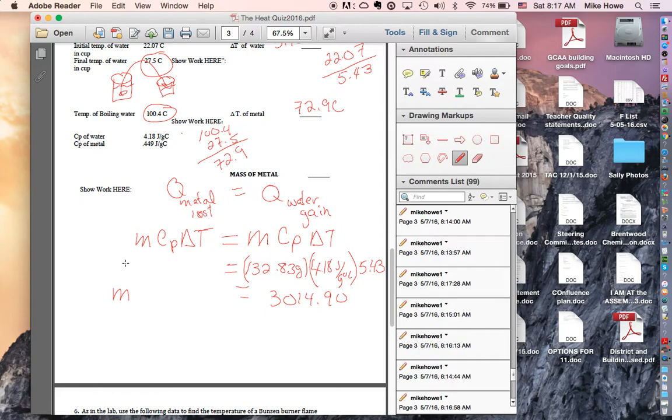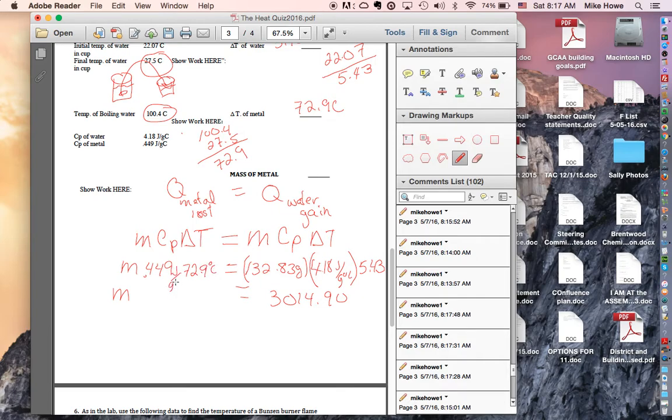We do know that the specific heat capacity is 0.449. That again came from up above. And we know that the change in temperature of the metal was 72.9 degrees. Once again, that came from up above.